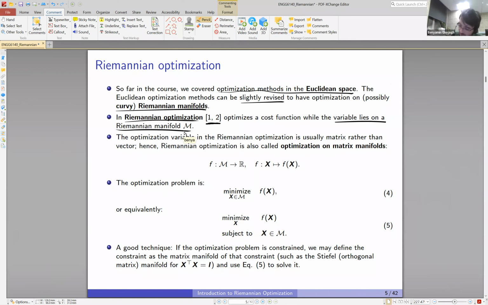The optimization variable in Riemannian optimization is usually a matrix rather than a vector. Therefore, Riemannian optimization is also called optimization on matrix manifolds.